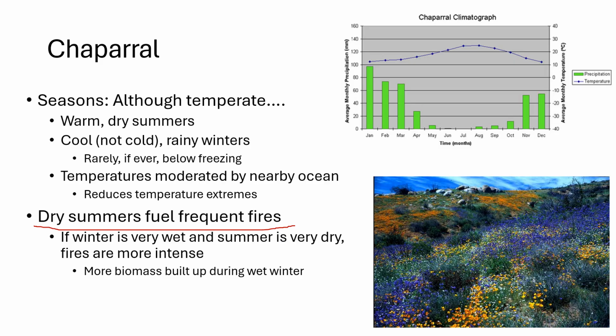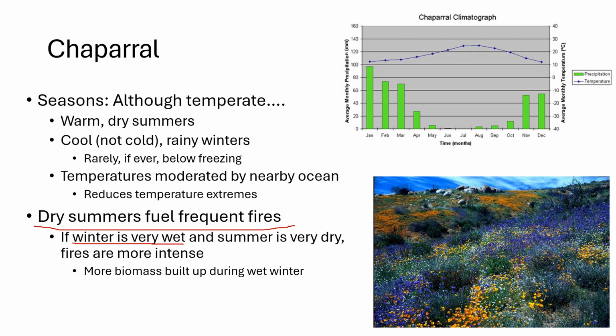And the crazy thing is, there's even some AP test questions I've seen about this. If you have a very wet winter, you have a lot of biomass that is formed. So imagine that, November through April, you have a really wet winter. That winter, which again is not getting below freezing, so the plants still have their leaves, the plants are still growing, they're making lots and lots and lots of biomass.